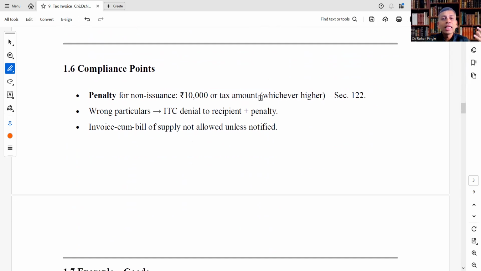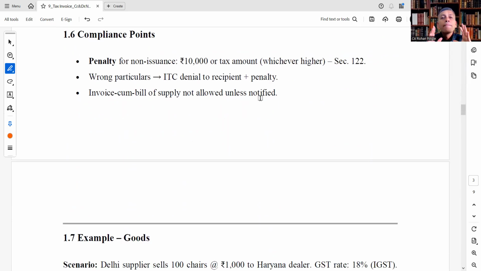Now let's see compliance points. Penalty for non-issuance is rupees 10,000 or tax amount, whichever is higher, as per section 122 of the CGST Act. Penalty for non-issuance of tax invoice within the time limit is what? Rupees 10,000 or tax amount, whichever is higher.